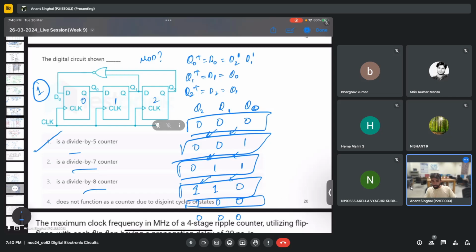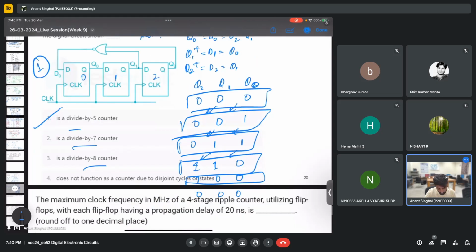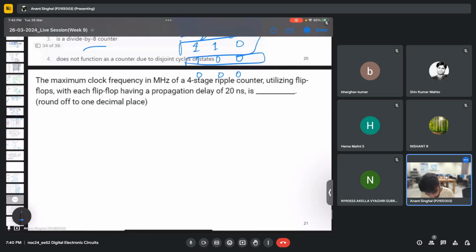Is it fine, everyone? Yes, sir. So again, we need to find the clock frequency for a 4-stage ripple counter utilizing flip-flops, with each flip-flop having a propagation delay of 20 nanoseconds.